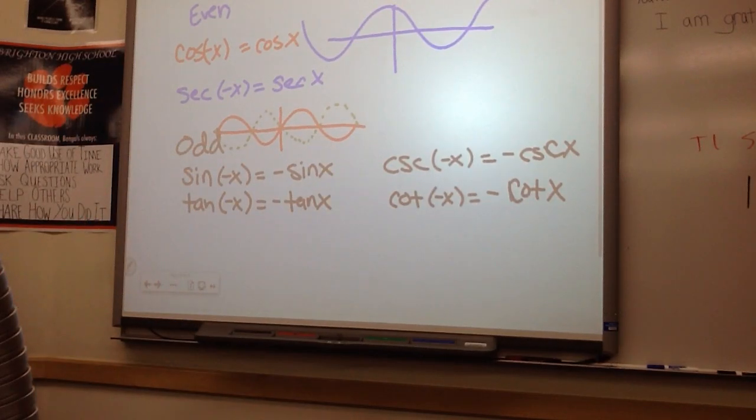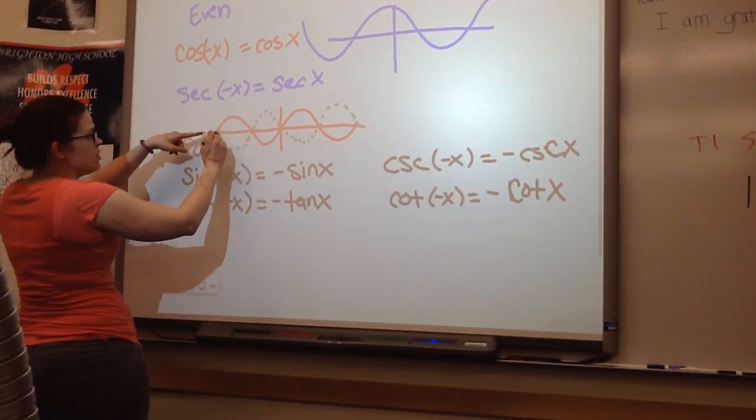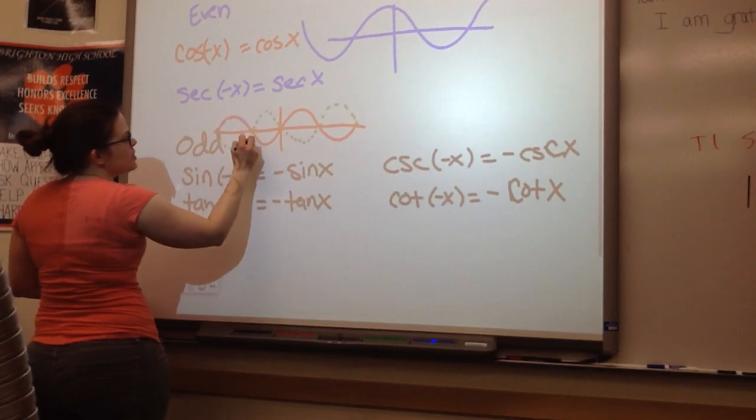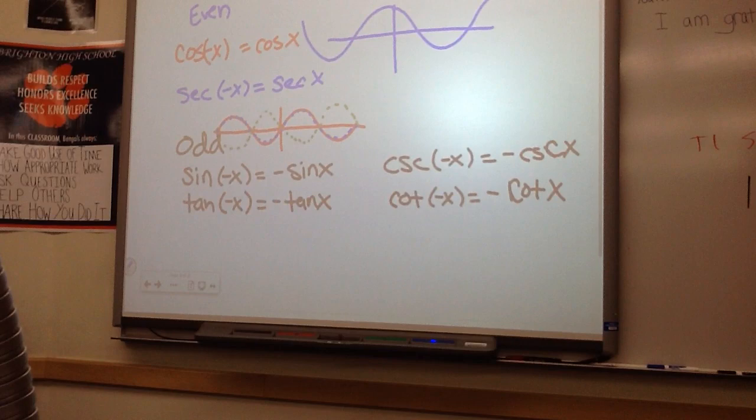Can you see that? And then if I were to fold it across the x-axis, I would end up with this same picture. So that's what we mean about the origin, that it's symmetrical across both the x-axis and the y-axis.